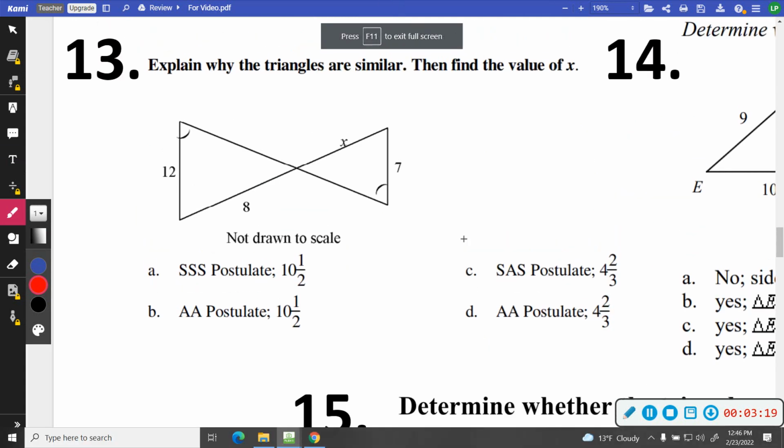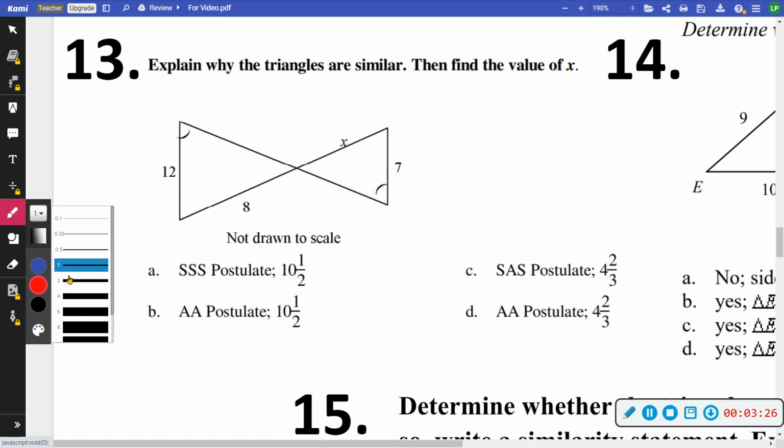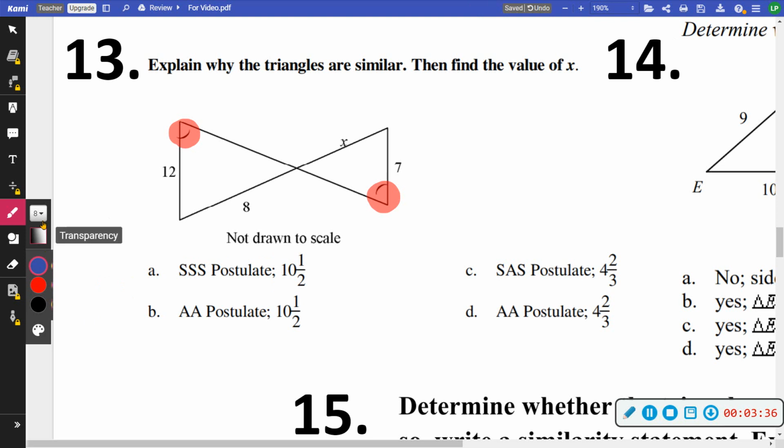So explain why the triangles are similar, and then find the value of x. The one I always look for first is AA. So let's see, do we have AA? I know that this angle is equal to this angle by the notation.